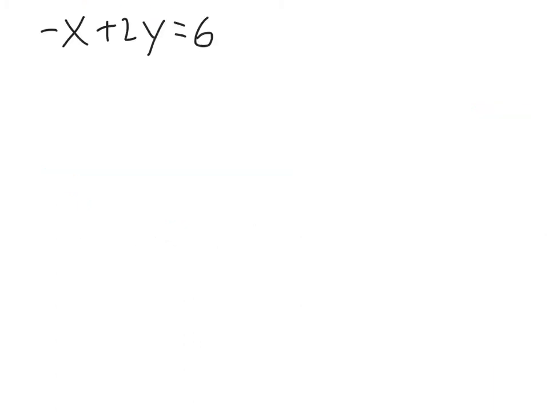Alright, so here's another problem. We've got negative x plus 2y equals 6. So we need to start off by taking this negative x here and bring it to the other side. It's a negative x, so we need to add x to both sides. So plus x, plus x.